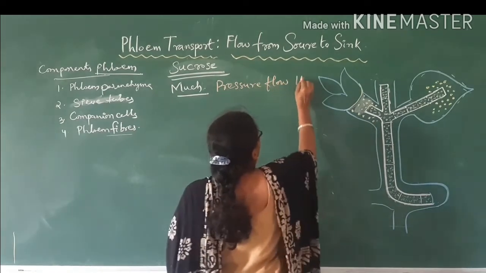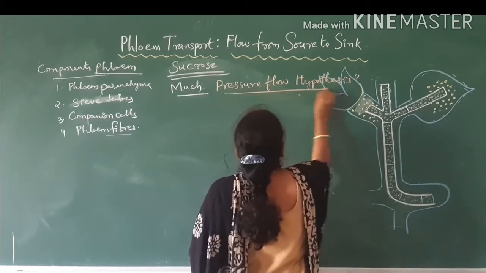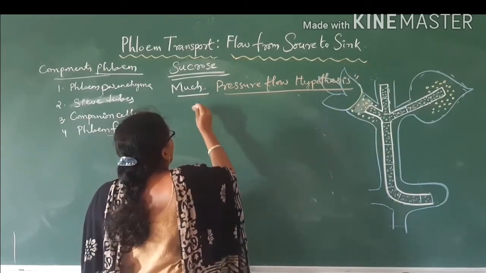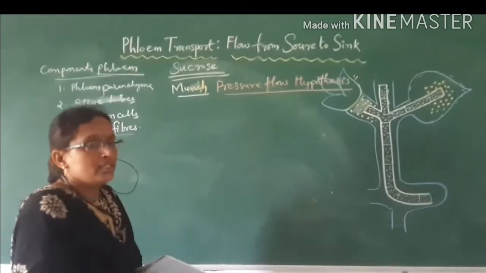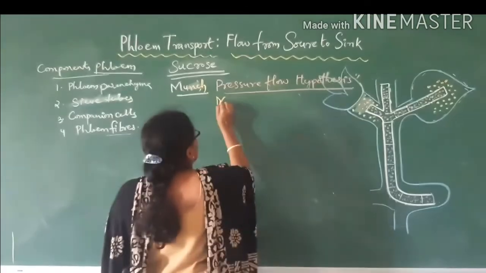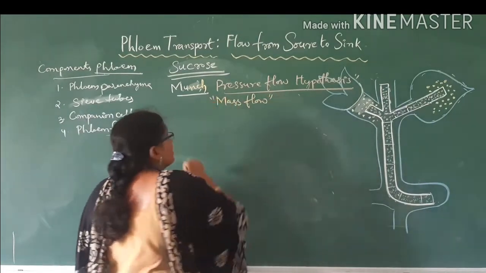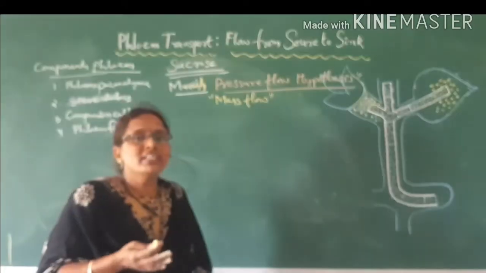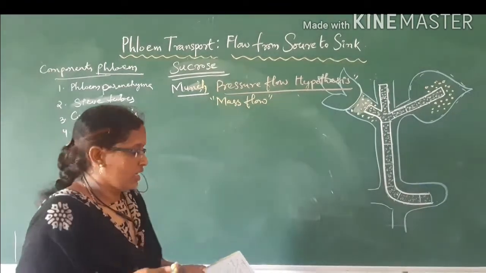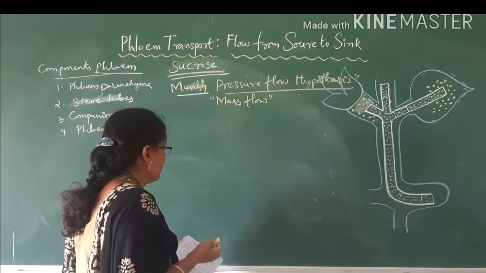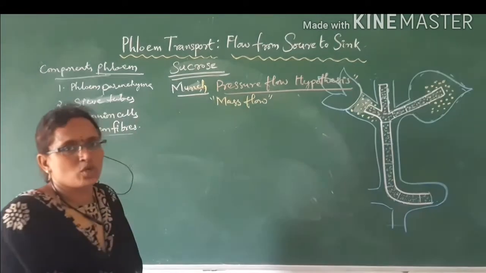It is also called the mass flow hypothesis, because the food materials are transported in mass, in bulk. This transportation we can call translocation.